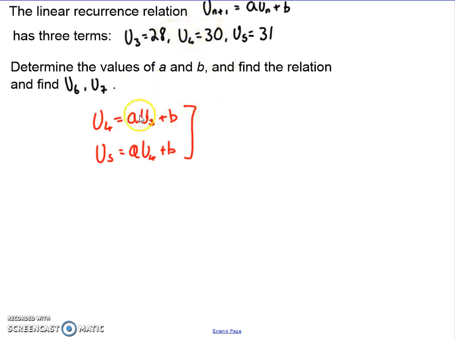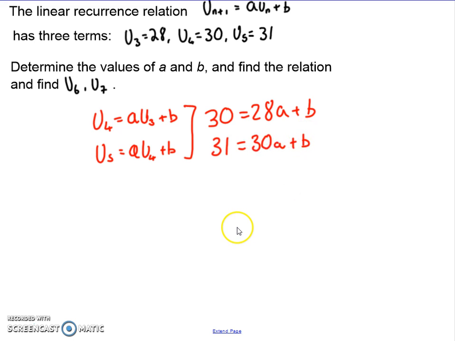So, first one, u4 equals a u3 plus b. 30 equals a times u3, so it's 28a plus my b. And then for the second one, u5 equals a u4 plus b. What that lets me set up is 31 equals 30 times a plus whatever the value of b is.